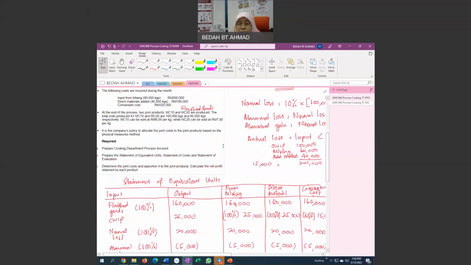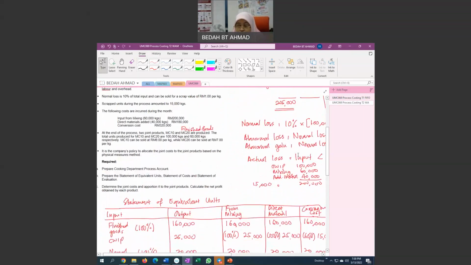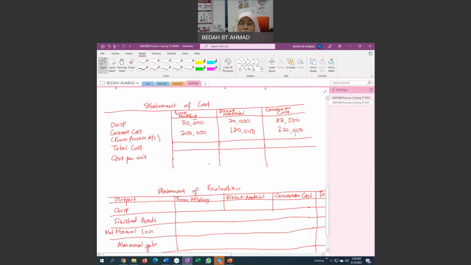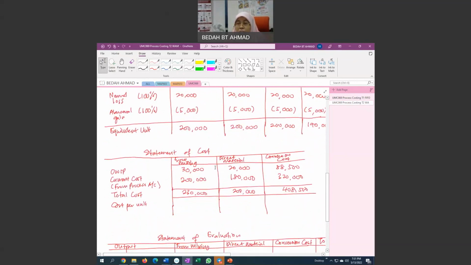Okay, that comes to 200, 180, and 320,000. So we total up. We got here 230,000, here is 200,000, and here is 408,500. Then we divide that with our units that we derive from the statement of equivalent units.